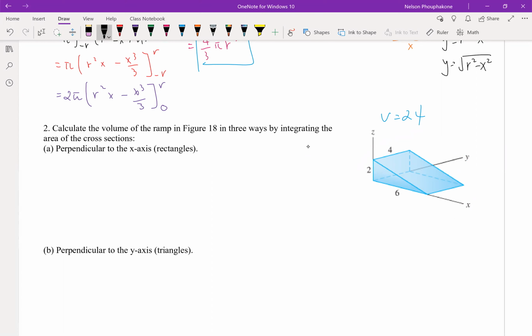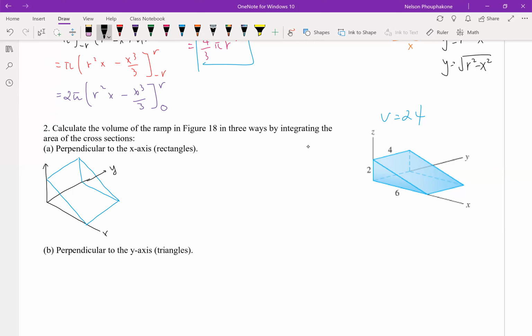To me, what I would like to do is, again, try to sketch the graph. So this is the x-axis, and basically we just concentrate on the x-axis.